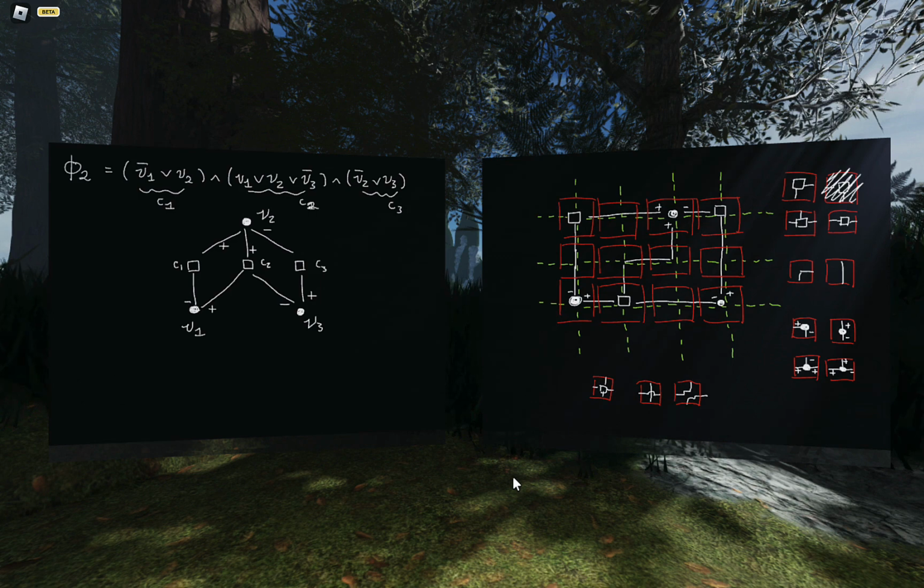If you're allowed to have degree more than 4, then you could probably come up with some way to embed a clause into multiple tiles, and you could have the clause look something like this, and then you can support up to degree 8. So you could come up with point arrangements for all of these things.